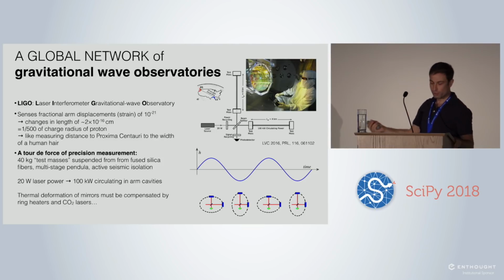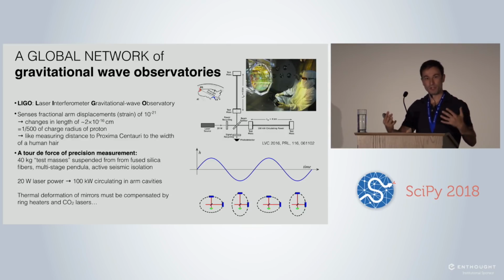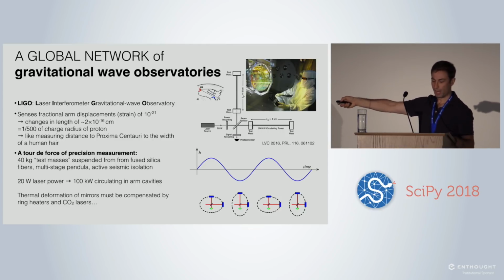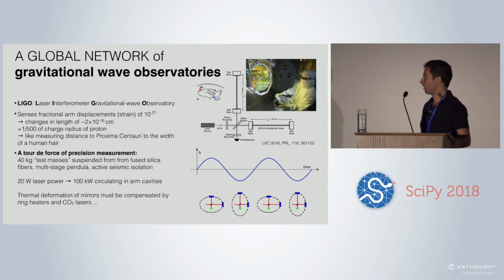We have to dump huge amounts of laser power into the system because one of our noise sources is photon counting noise. And so we take a 20-watt laser and we put it into these arms, which are actually resonant cavities, and so the light makes hundreds of round trips in here before coming out, so we boost this up to hundreds of kilowatts stored in the arms.